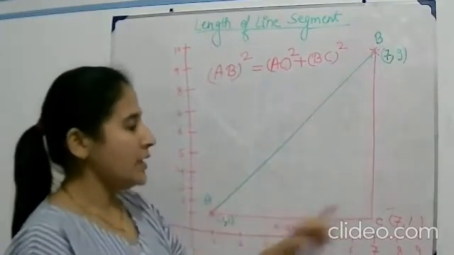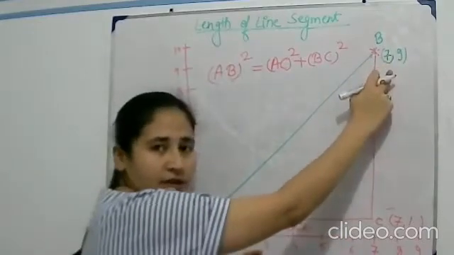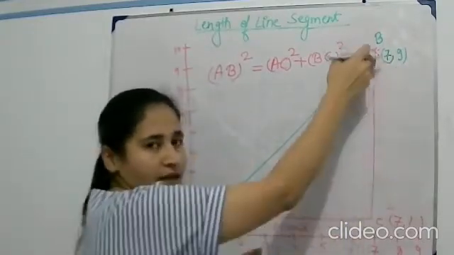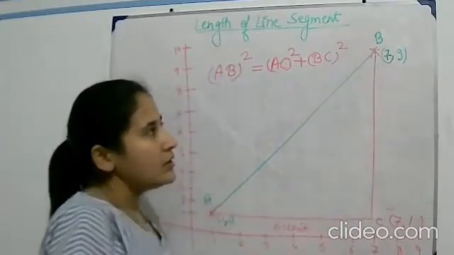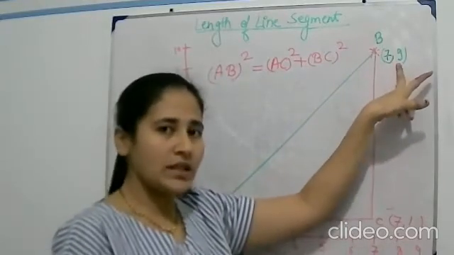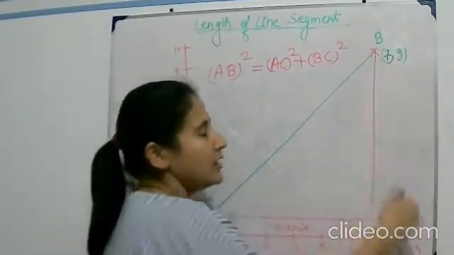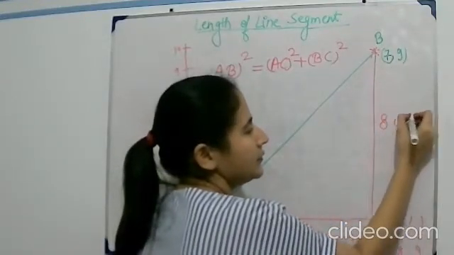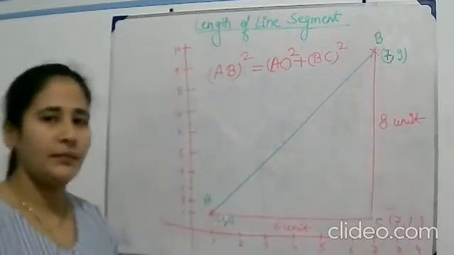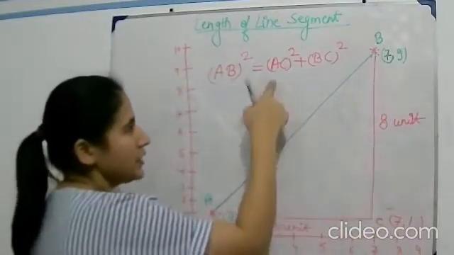For BC, we will see the Y coordinate. This is the Y axis. So here y2 is 9 and y1 is 1. So 9 minus 1 is 8 units. Let's substitute these values here.